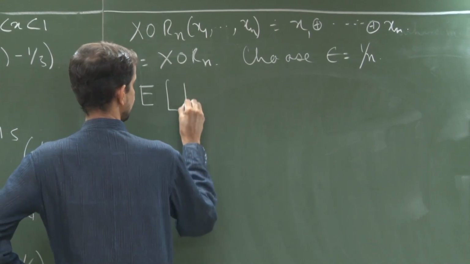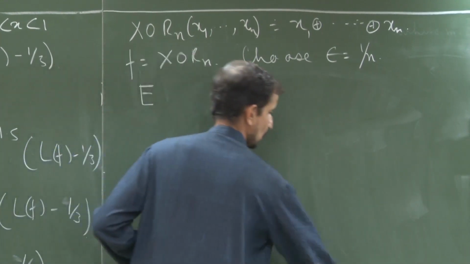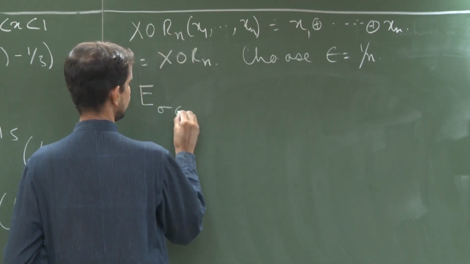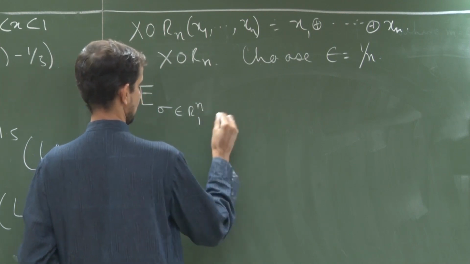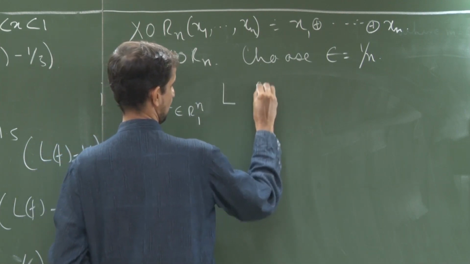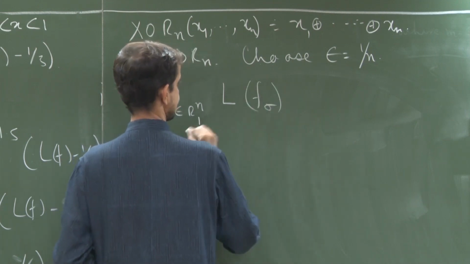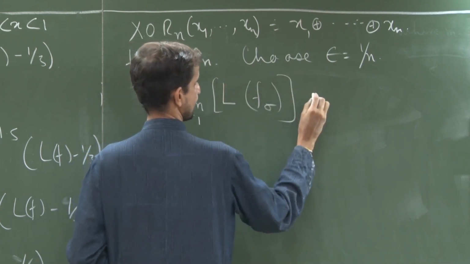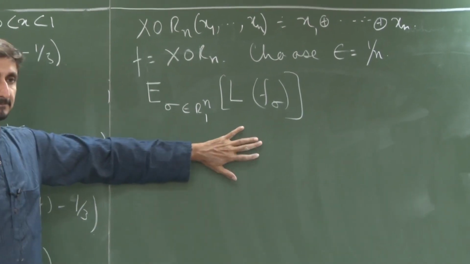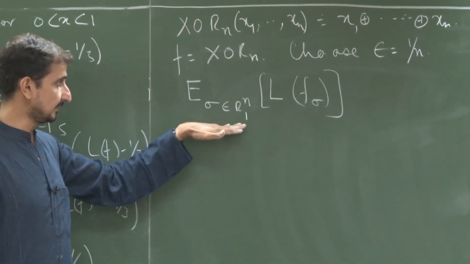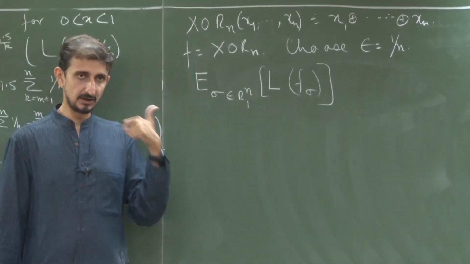Expected value of L of f restricted by sigma, where sigma is chosen from R n, epsilon, and n is now 1. What is this quantity? So, here note that all variables except one variable is fixed, only one variable is free.